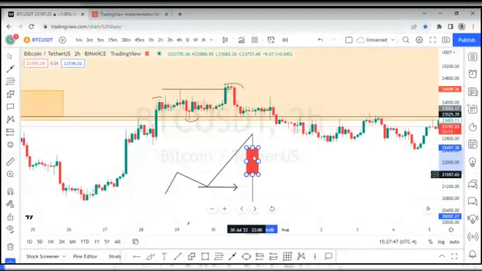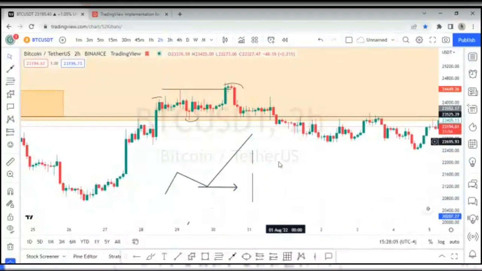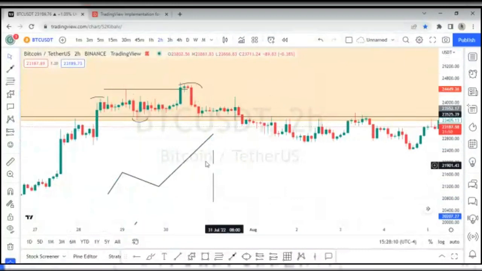Sometimes the wick will be something like this, and someone sees that as a BOS, but that's not a BOS for me. I like to see the market displace that low completely, clear it completely and close below. That's the displacement. So let's look back at what we're looking at on Bitcoin.